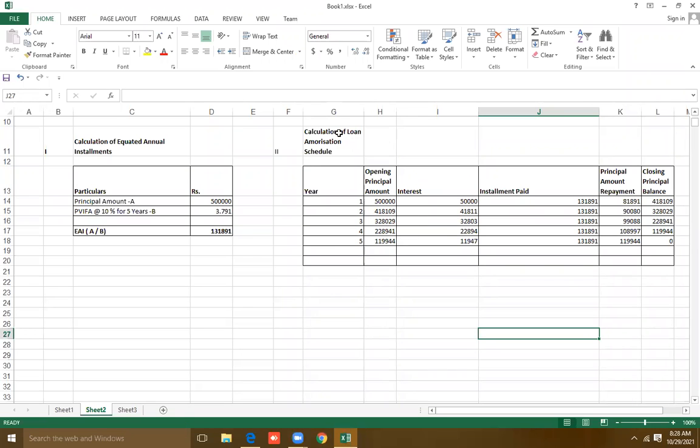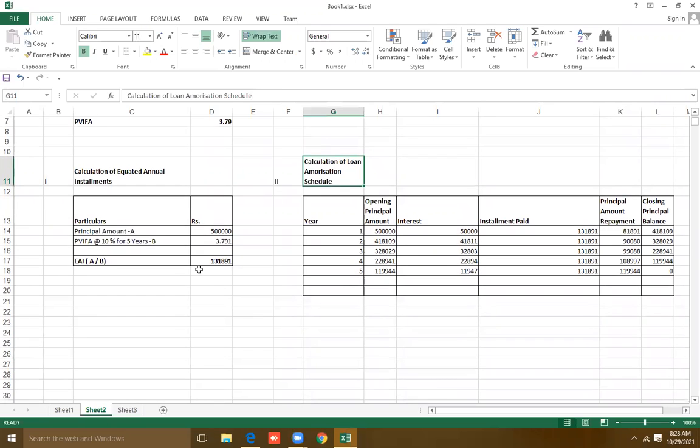Now we will understand how to calculate the loan amortization schedule. So we have calculated the installment part, that is the equated installment we have already calculated. Every year you should pay 1,31,891. Now we will calculate the loan amortization schedule.